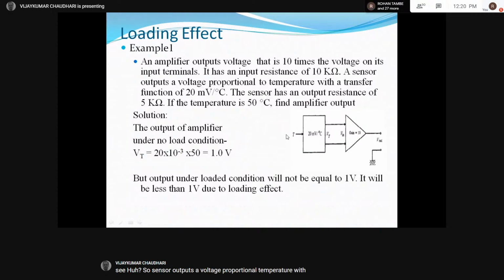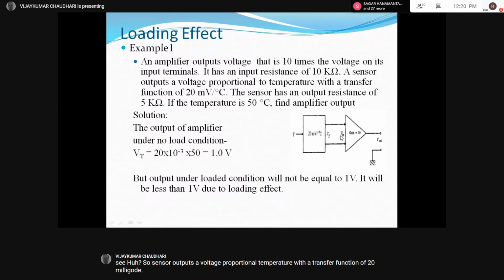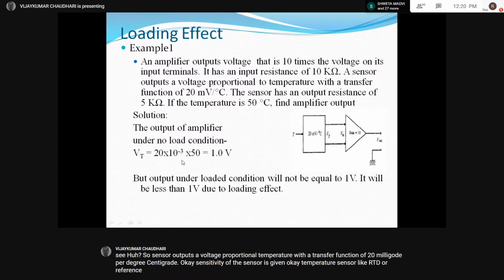Let us consider now only the sensor. Under no load condition, meaning there is no amplifier connected to the output of the sensor, the output of the sensor Vt will be the sensitivity into temperature. The sensitivity is 20 millivolt per degree Celsius, and the temperature is 50 degrees Celsius.